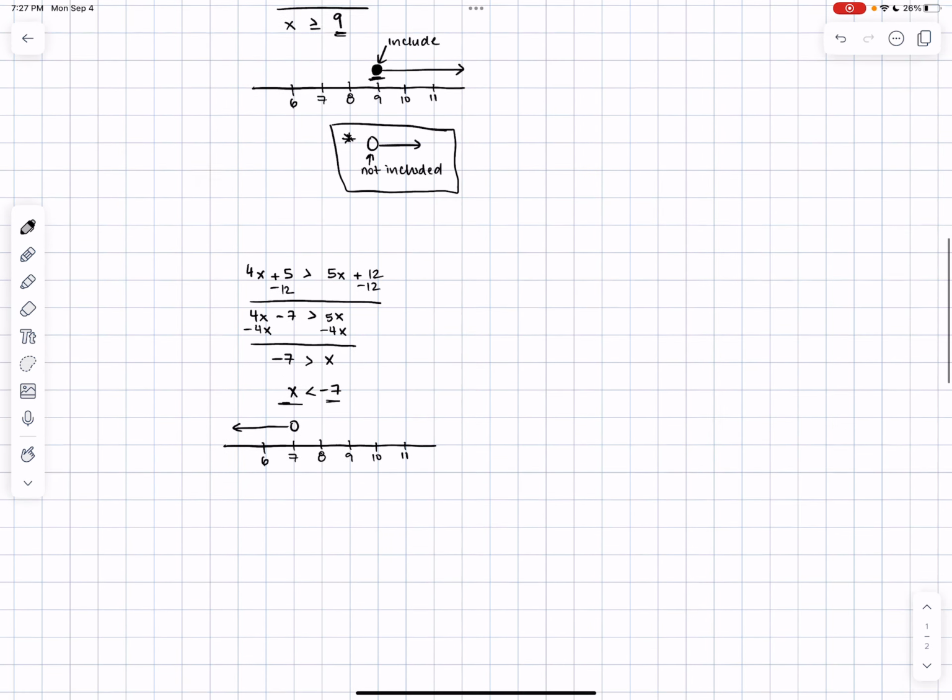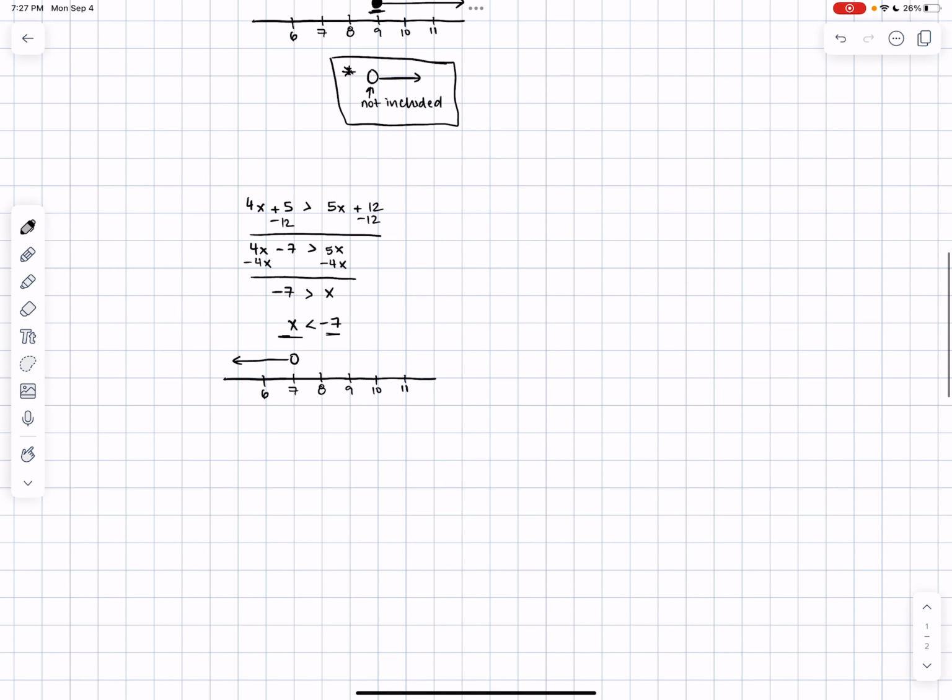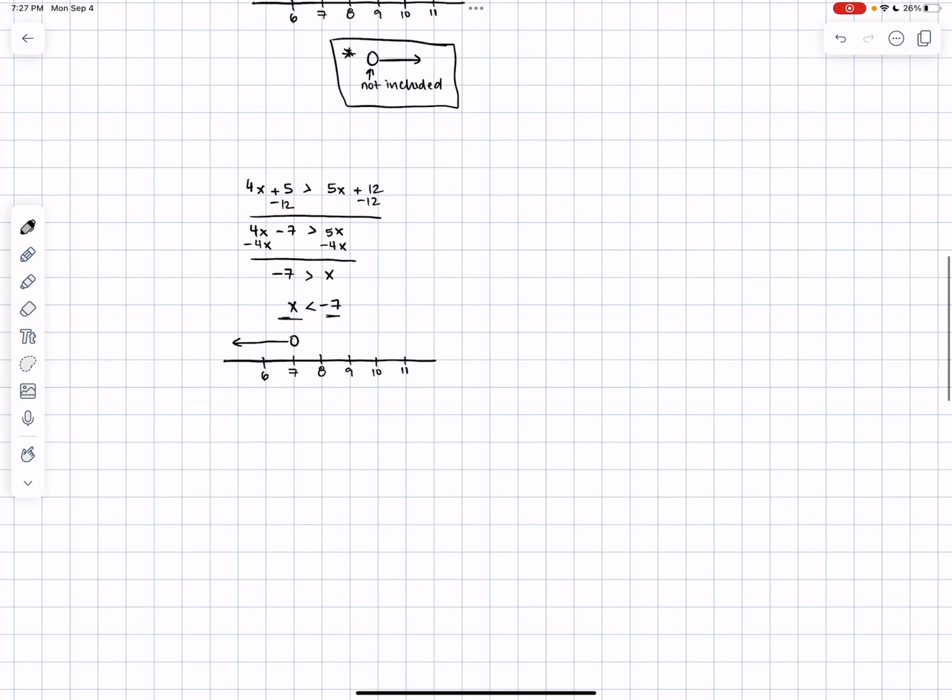Now let's look at a few more problems. So what if we had the problem negative 4x plus 8 is greater than or equal to 12?